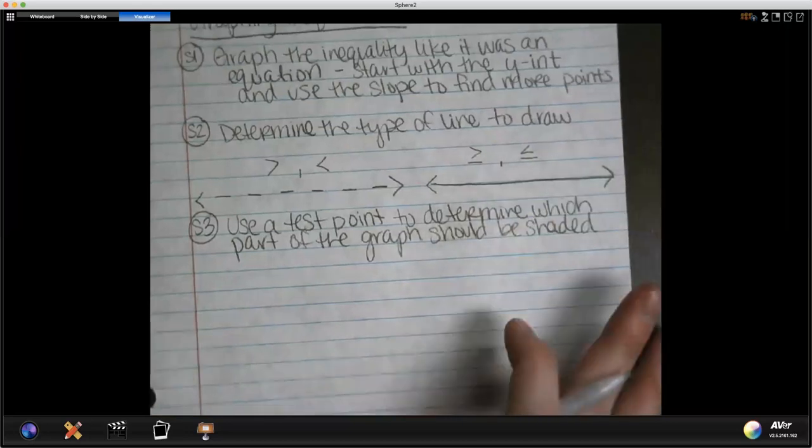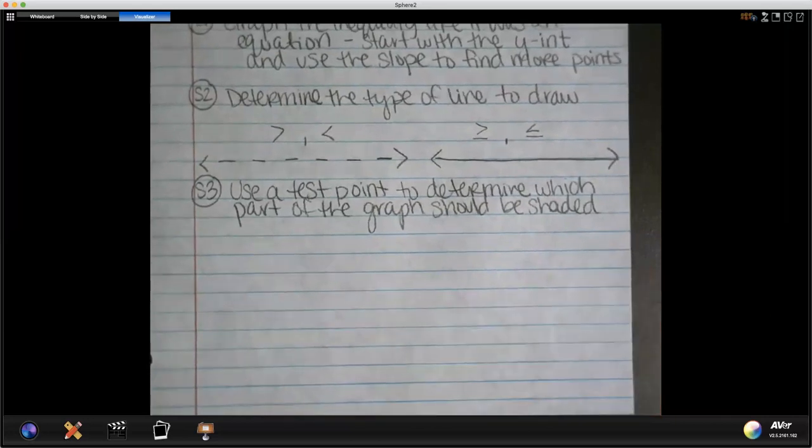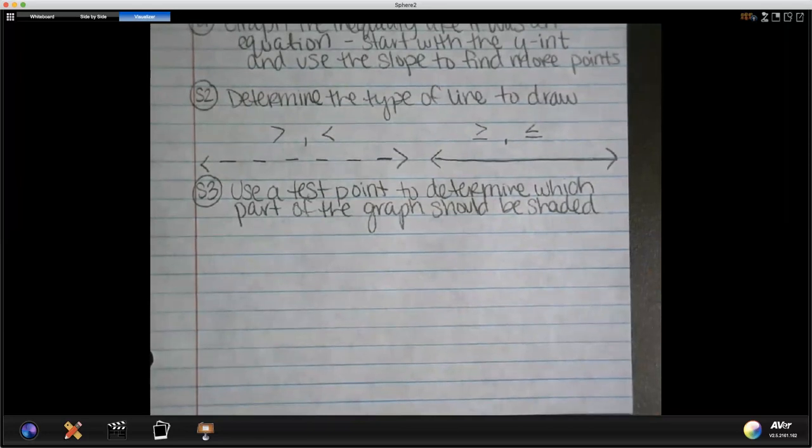You're going to use a test point to determine which part of the graph should be shaded, because on a number line, our choices were left or right. But when we have our lines, it might be up left, bottom right, it could be top, bottom. It just really depends on how that line looks. So I can't just simply say one direction or the other. It's going to look a little different. Same concept, but it'll look a little different.